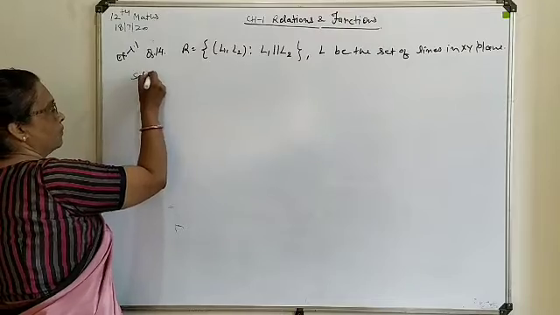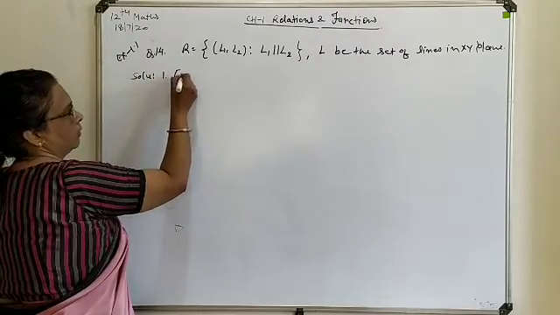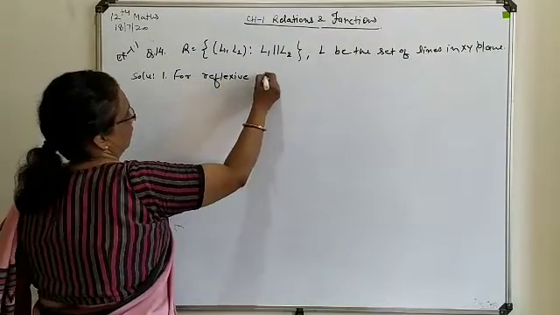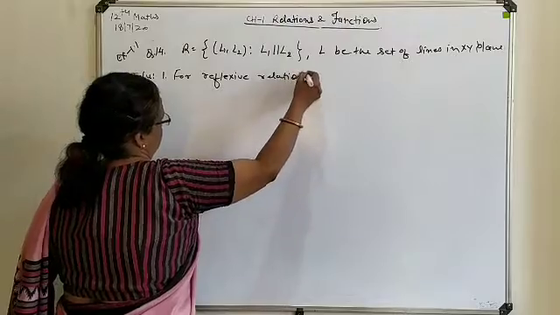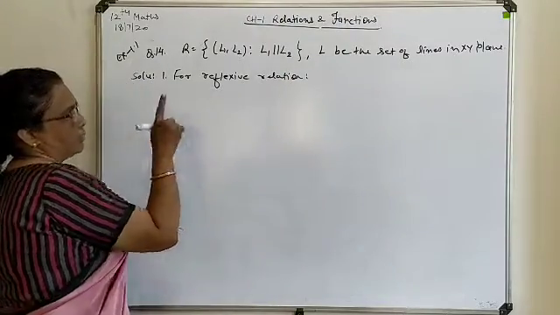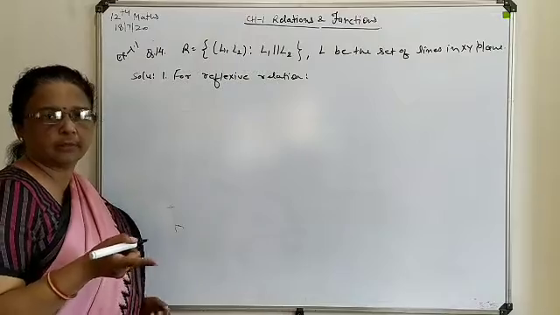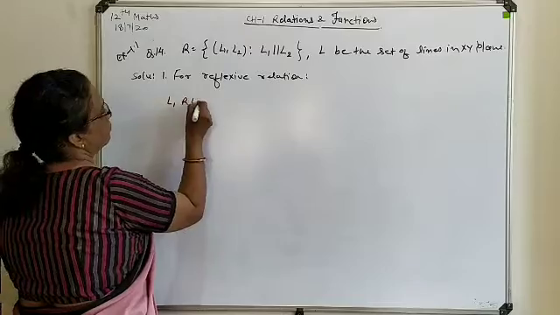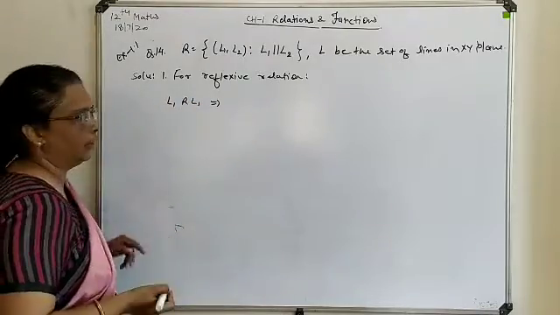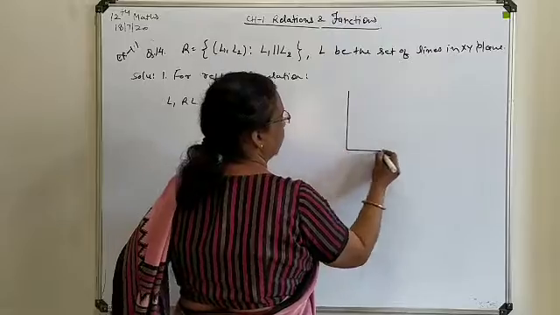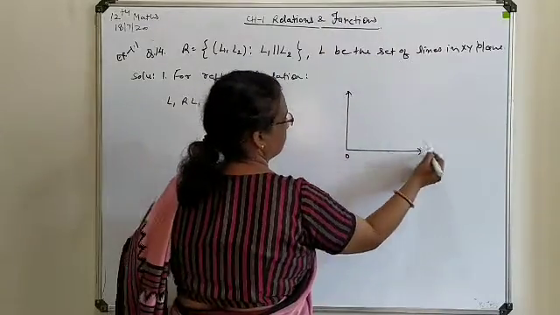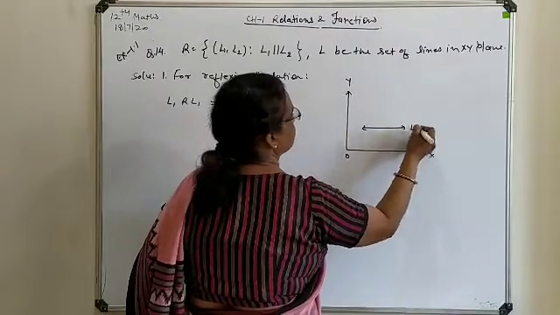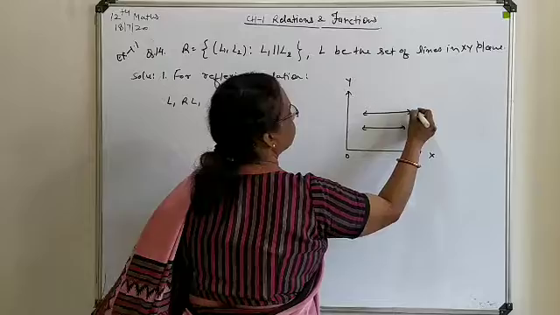So first, for reflexive, L1 should link with L1 itself. So here L1 relates with L1. Suppose here we have an xy plane in which two lines are available as L1 and L2, which are parallel to each other.